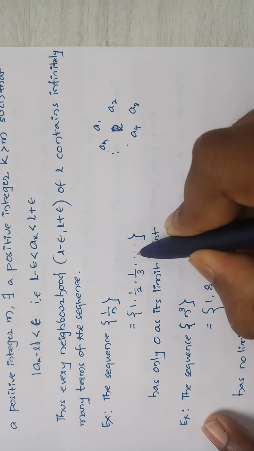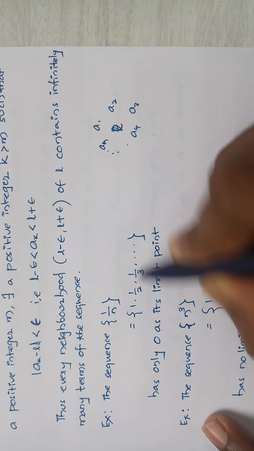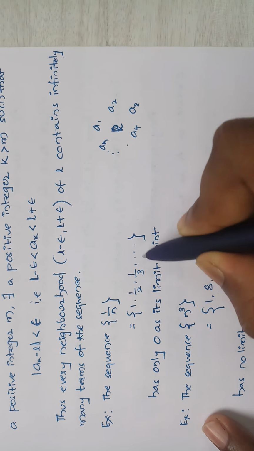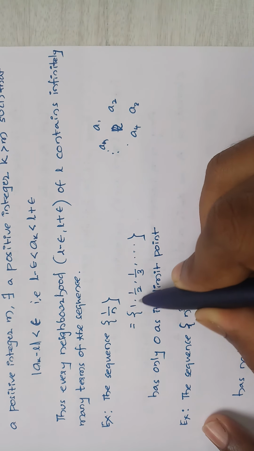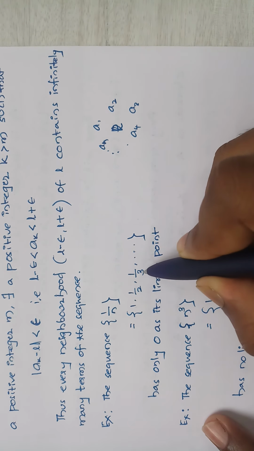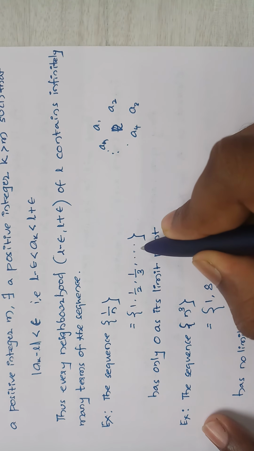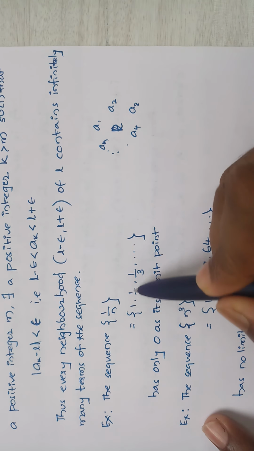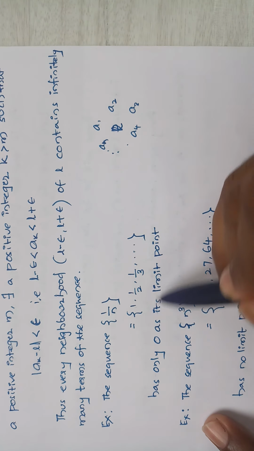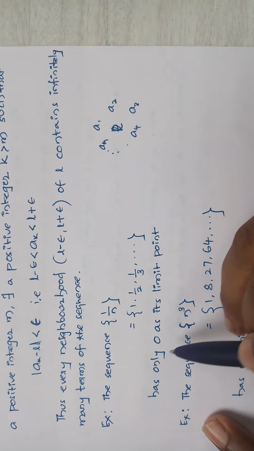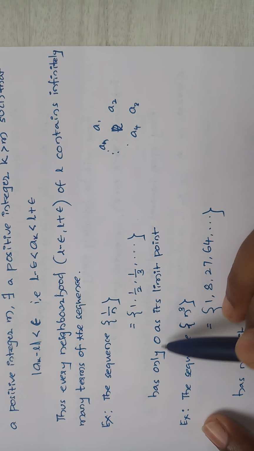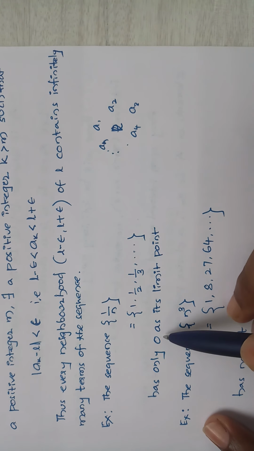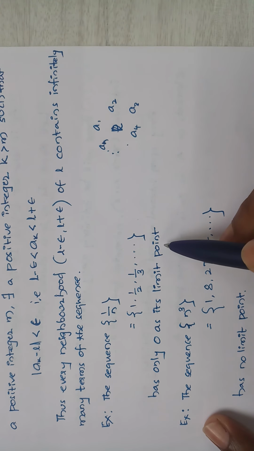So around 0 there are infinitely many terms: 1 is there, 1 by 2 is there, 1 by 3 is there, all the terms are there around 0. If n tends to infinity, this sequence has only one limit, that is 0. Therefore the sequence 1 by n has only 0 as its limit point.